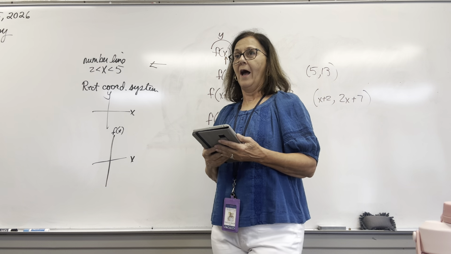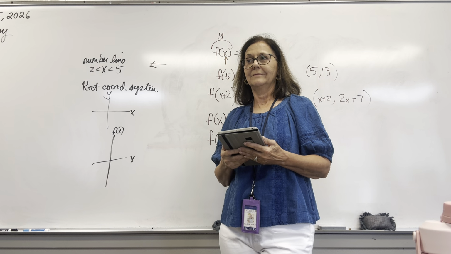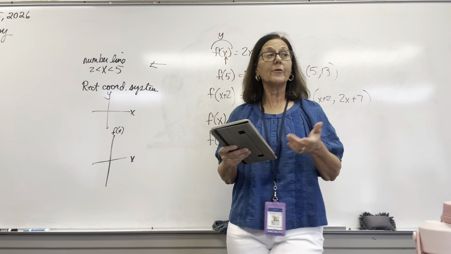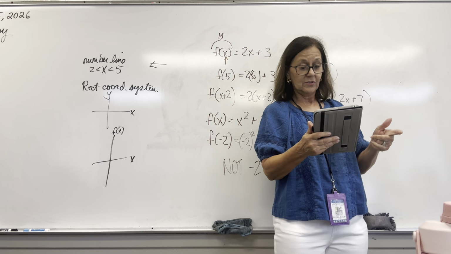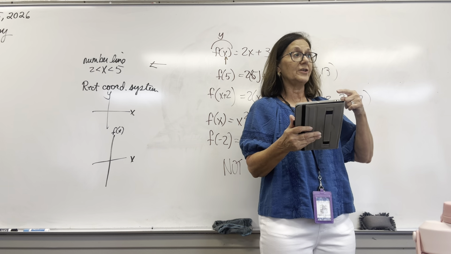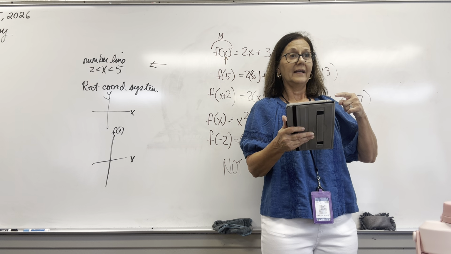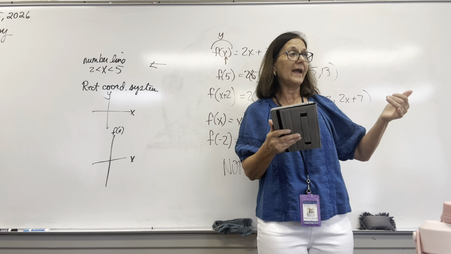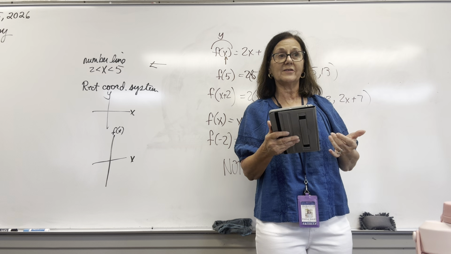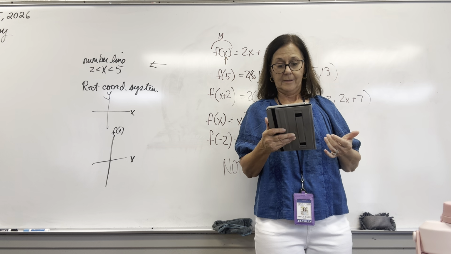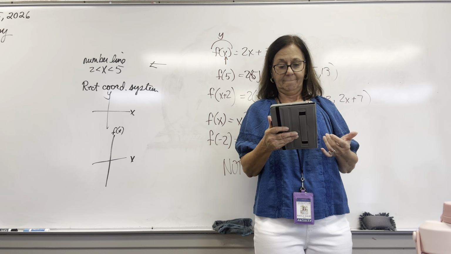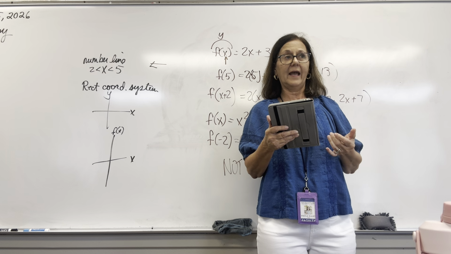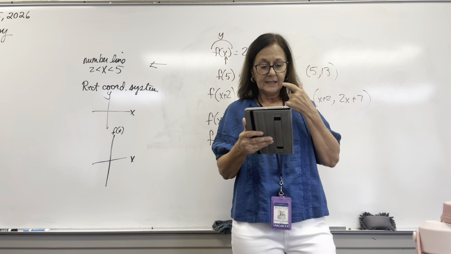Does anybody see one more? 0. There are 3 x values for when y is 0. Do you see them? It's the x-intercepts. Y'all, when y is 0, that's where you have your x-intercepts. Got it? Everybody hanging with us?